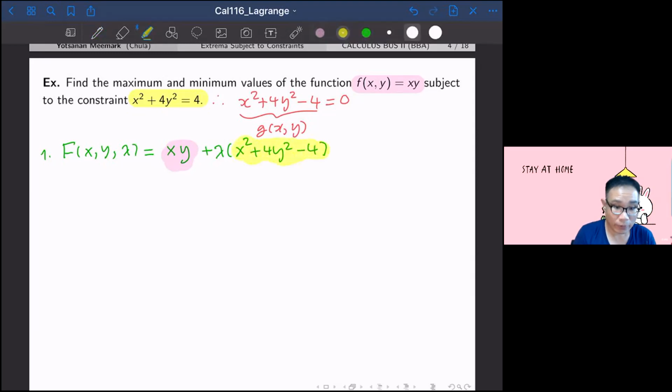So this one will be the yellow function g(x, y). This is the auxiliary function. The second step, you compute F_lambda. F_lambda is just copying the yellow guy.